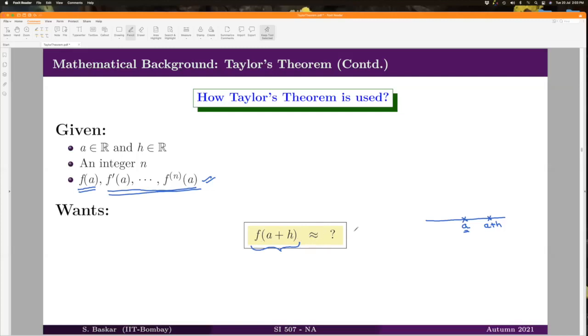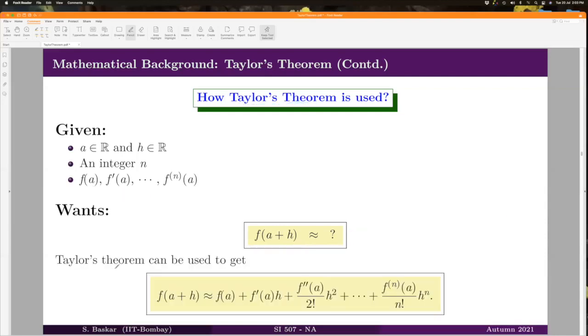If your question is this, then Taylor's theorem is a suitable one for you to get this information. So what you can do is simply use this information and build your Taylor polynomial, right? You can see that x is now a plus h.